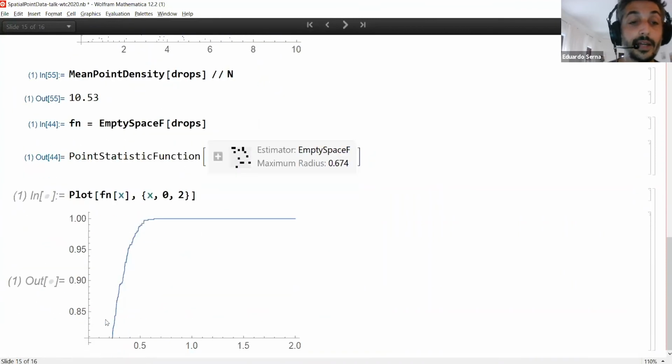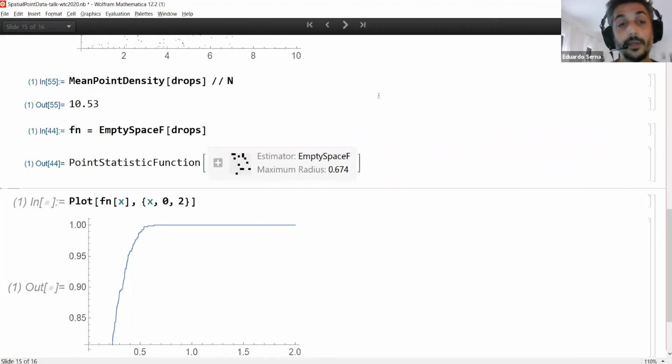We can see that above a very small radius, a quarter of a meter, really above half a meter, we're very, very likely to come into contact with one of these cough droplets. So being in a closed room is bad news, it seems, for COVID.